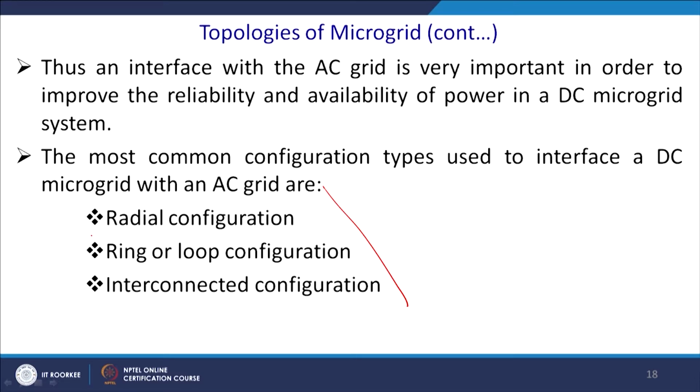These are the radial configuration, ring configuration, and interconnected configuration. We have seen in detail all those configurations, and we have to choose accordingly. If you wish to give more redundancy, we will choose maybe the ring or loop configuration. Thereafter, we may go for the interconnected configuration to give proper adjustment of your redundancies.